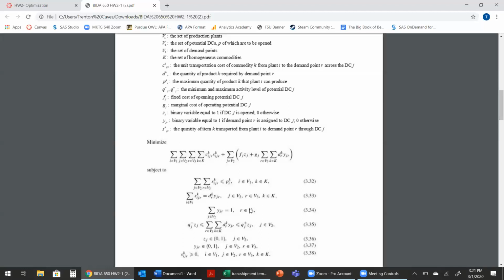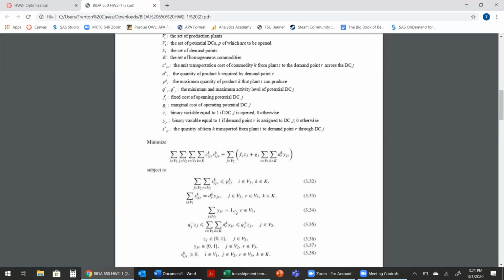What this is saying is that every demand point has to be assigned to one distribution center. So each demand point can only be supplied by a single distribution center.